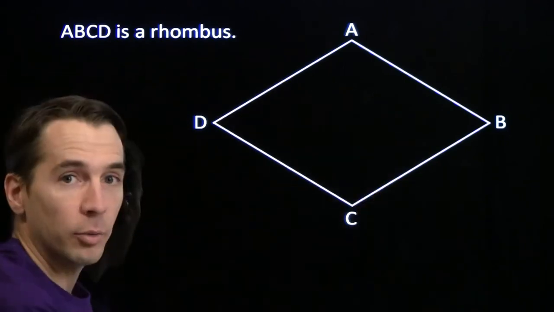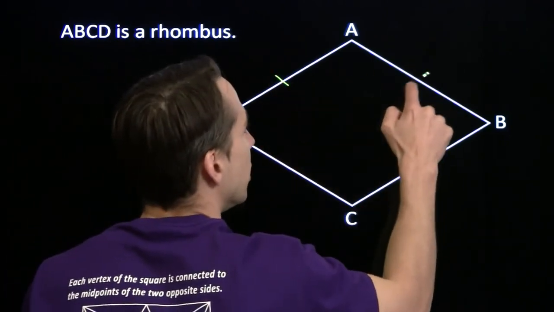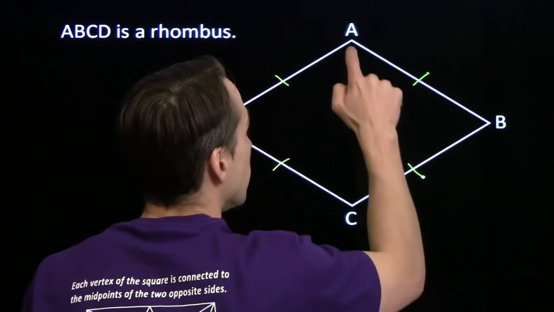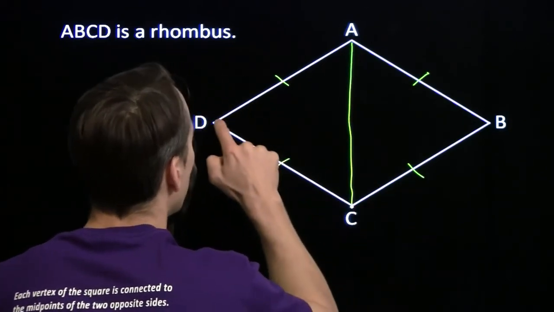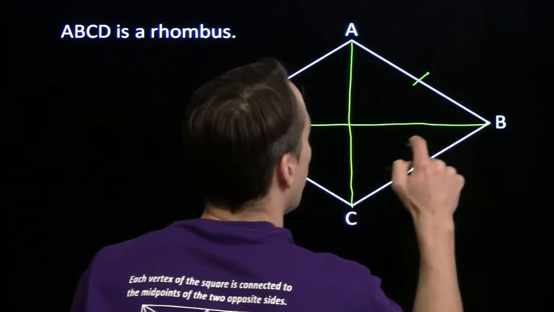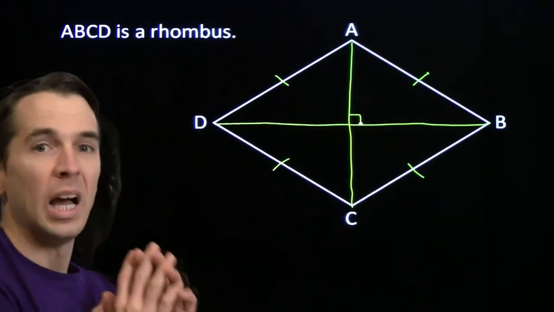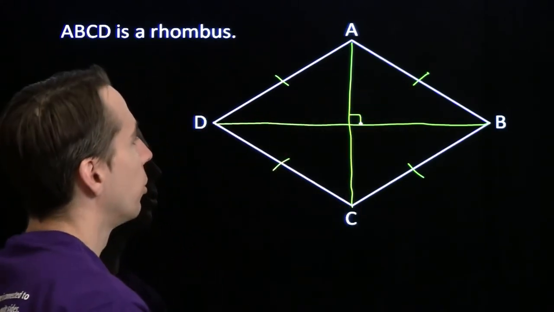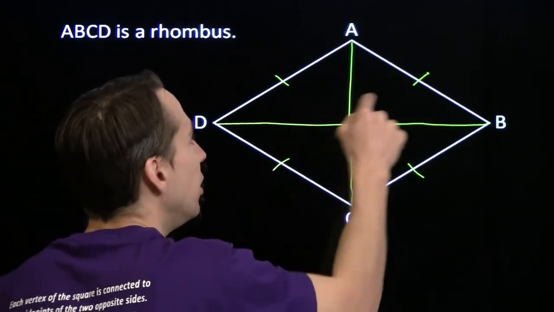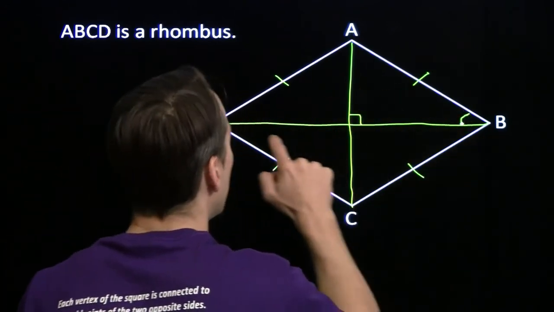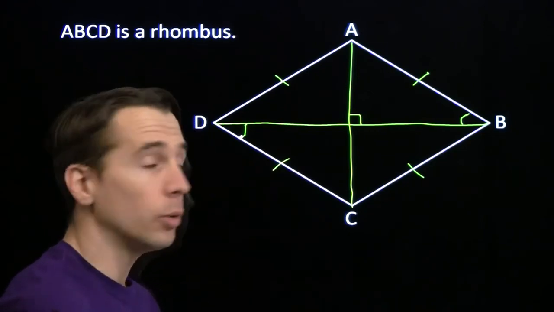Once again, we have a rhombus. We have a rhombus, that means the sides are equal. And as we just saw, we draw the diagonals of a rhombus, and it cuts the rhombus into 4 identical right triangles. And because these two are identical, these two angles are equal.